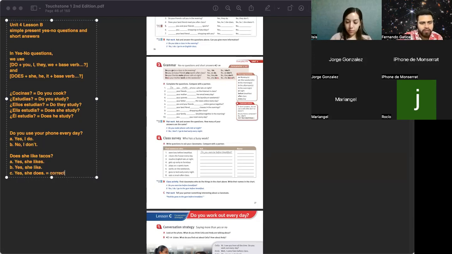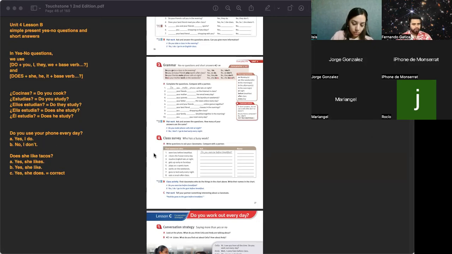Teacher, puede también hacer la A, ¿verdad? Yes, she likes. No se escucha muy bien, María. No sé si son tus micrófonos. Sí, mis audífonos. But we can say yes, she does, or we can say yes, she likes. No, yes, she likes is not correct.